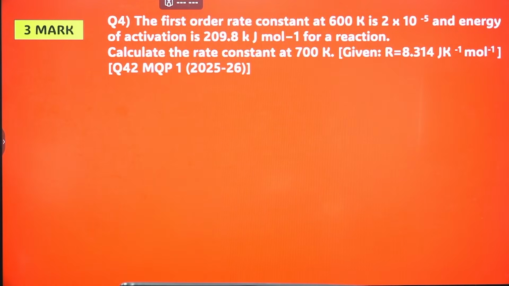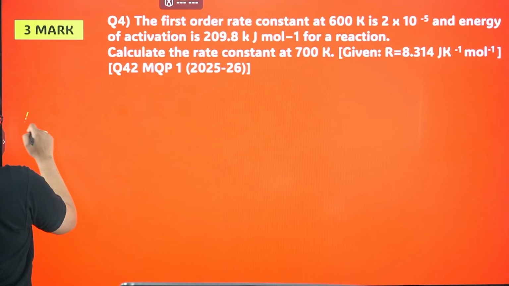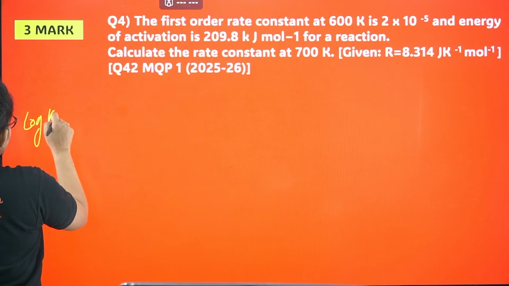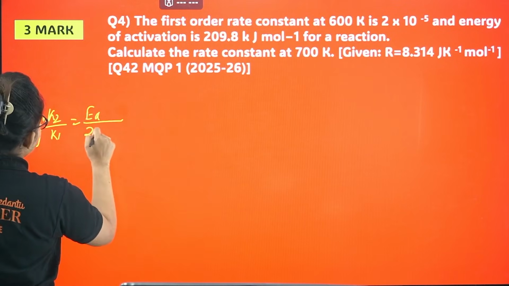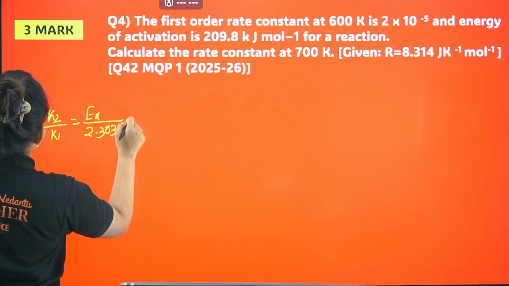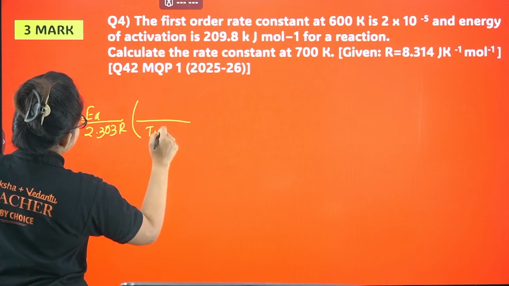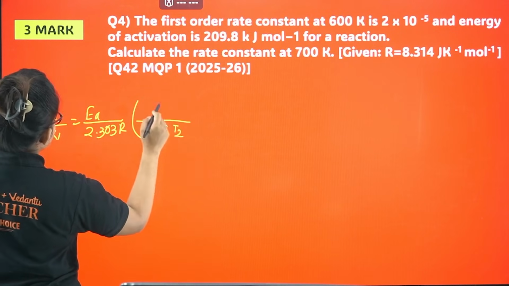The first order rate constant at 600 Kelvin is 2 into 10 power minus 5 and the energy of activation is 209.8 kilojoule per mole. Calculate the rate constant at 700. So Arrhenius equation you have to use here. Let's proceed. So log K2 by K1 equals Ea by 2.303 R into (T2 minus T1) by T1 into T2.